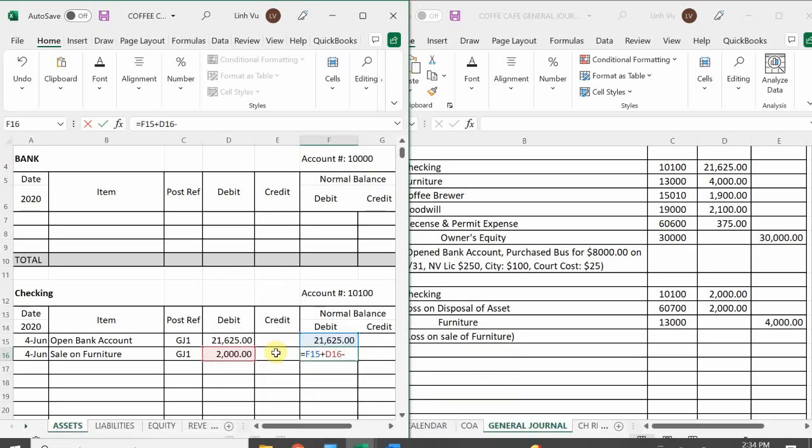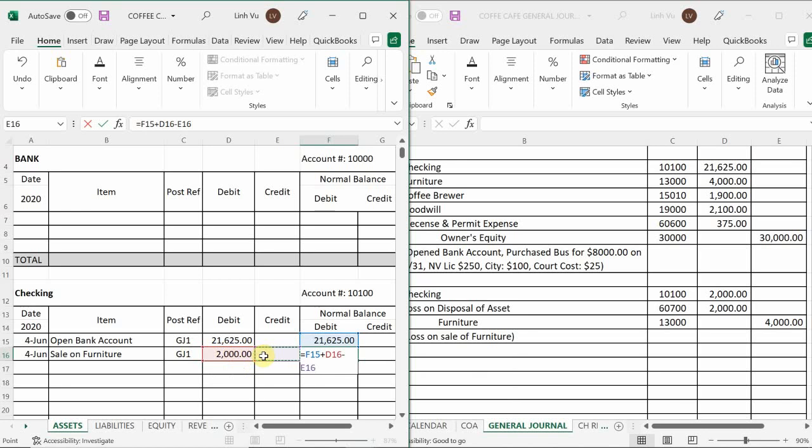In this case, I have 0 credits here. So again, you take your previous amount of $21,625, add 2,000, and subtract this blank one right here for the credit. When you press enter, it should give you a running balance.